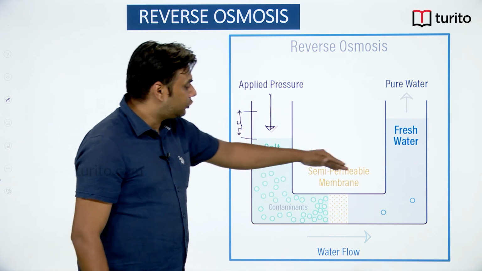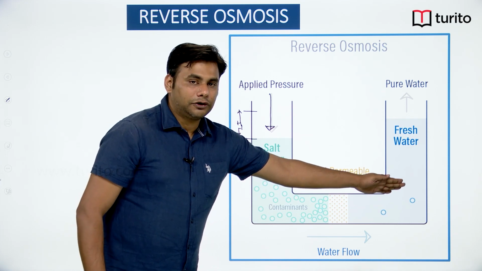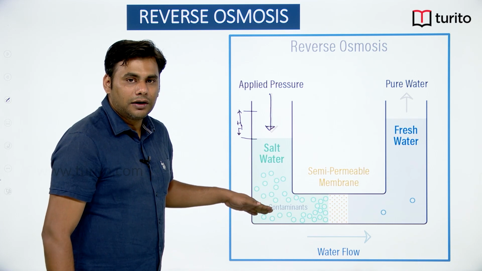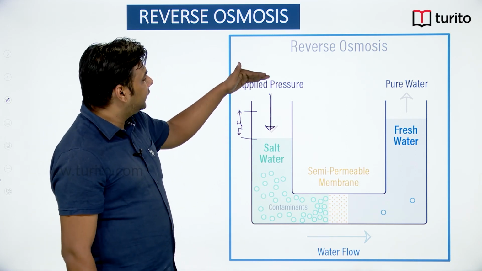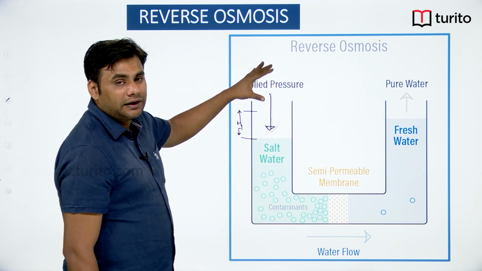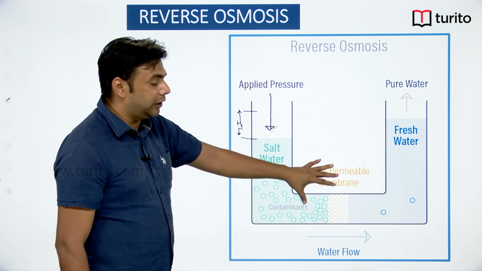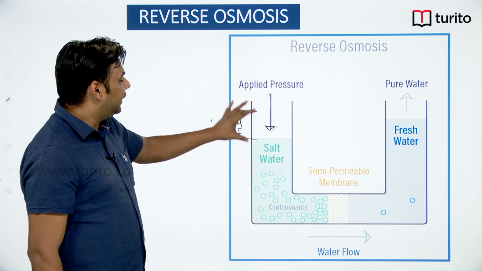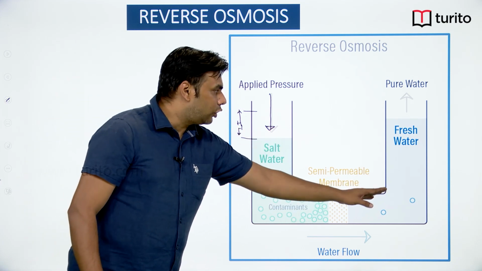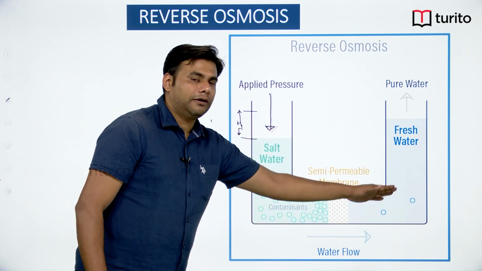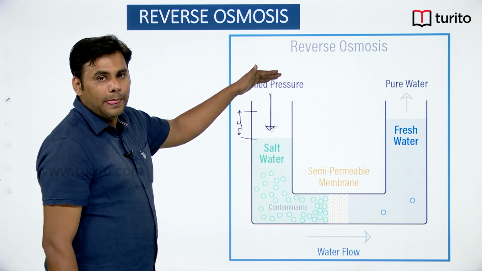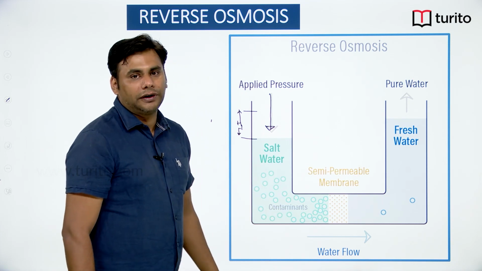That would stop the water molecules coming from this side to this side. So if we exert a pressure that is greater than that osmotic pressure, okay, our osmotic pressure is basically the hydrostatic pressure developed over the solution, which was stopping the water from passing from one region to the other.